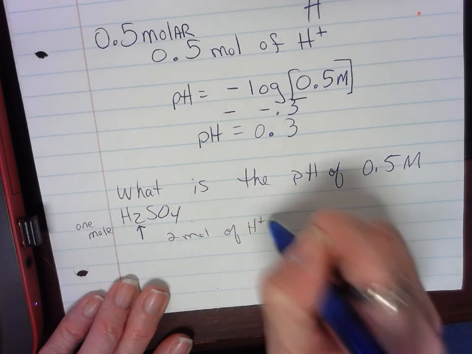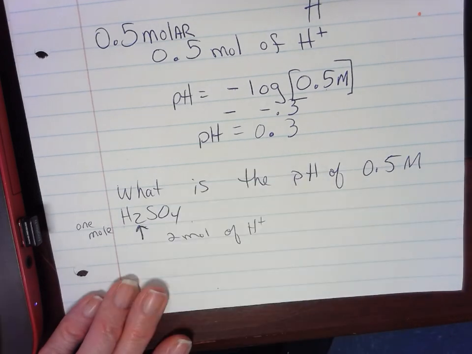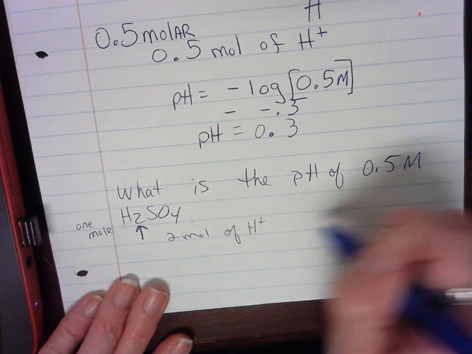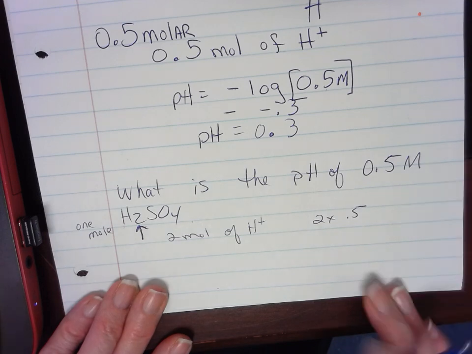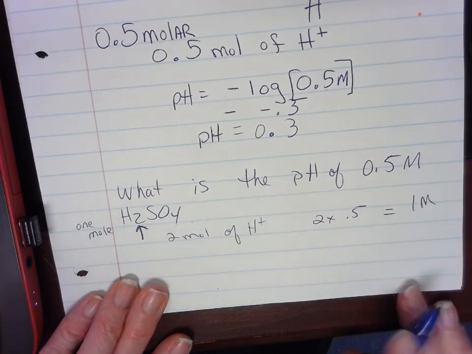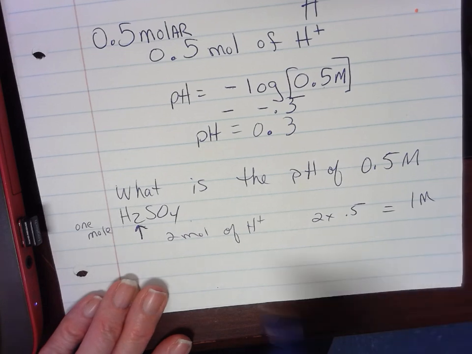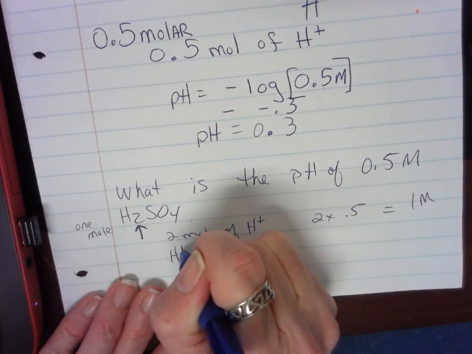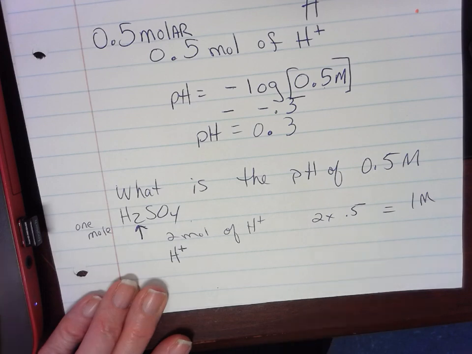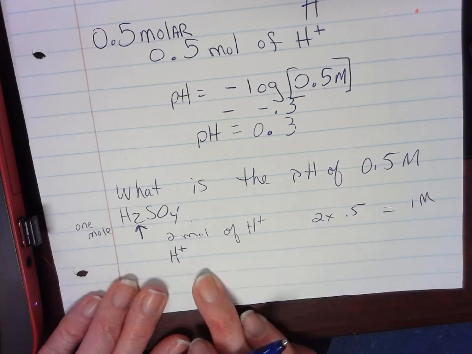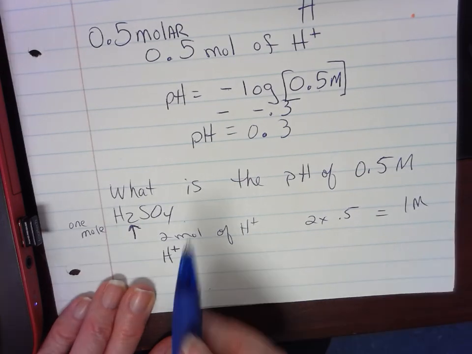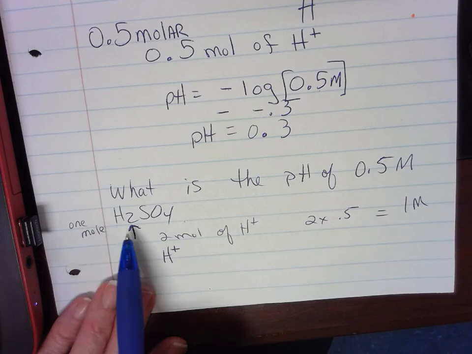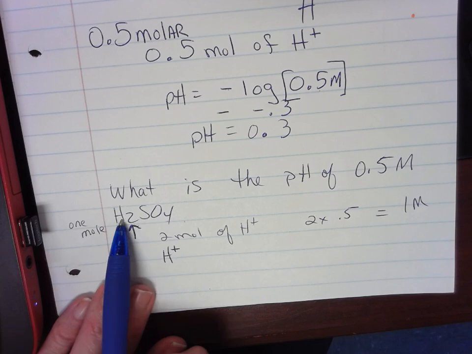So now we have to say 2 times 0.5 means that we've got 1 molar hydrogen ions, 1 mole of hydrogen ions floating around in there. Because for every mole of H2SO4, there are 2 moles of this hydrogen. So we have to say 2 times that 0.5.